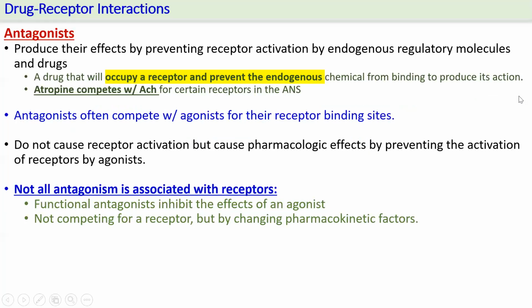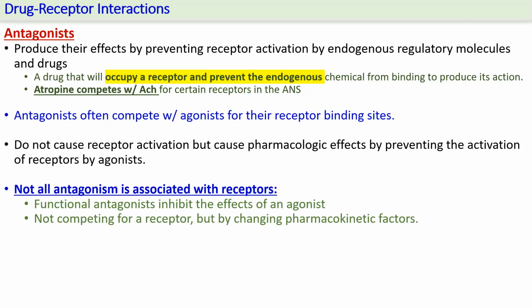There is also a partial agonist, but it's not within the scope of this class to go over the advanced pathophysiology. A partial agonist will bind the receptor, and these are agonists that have only moderate intrinsic activity.